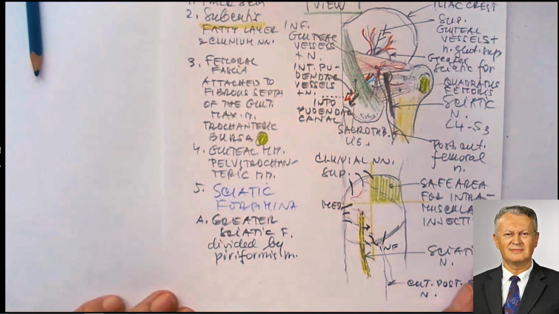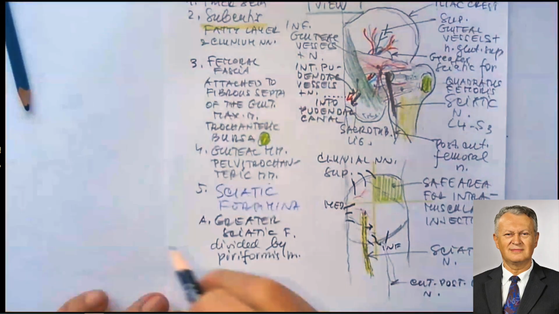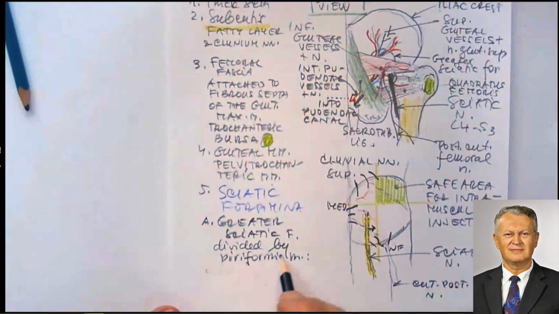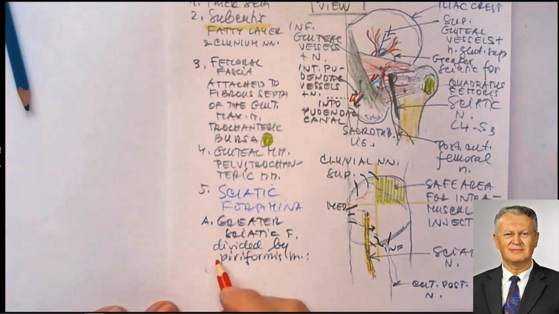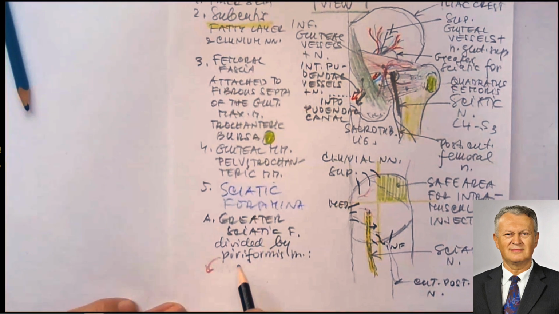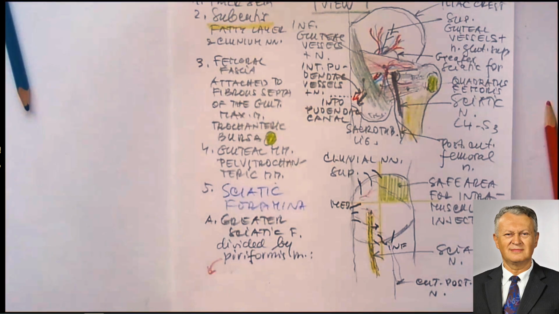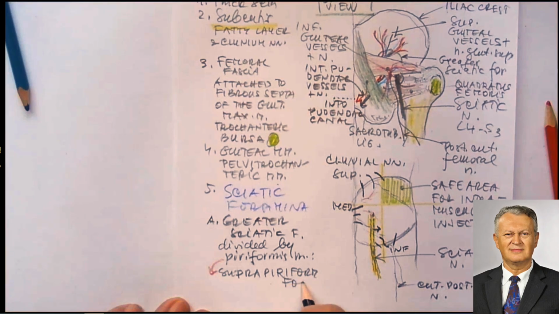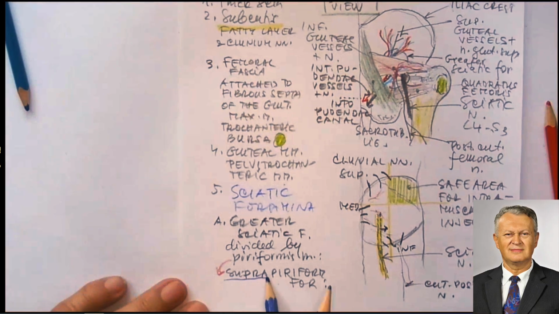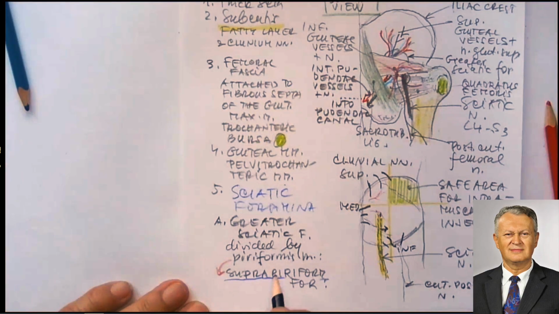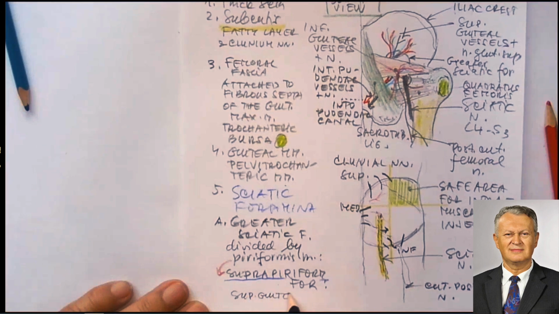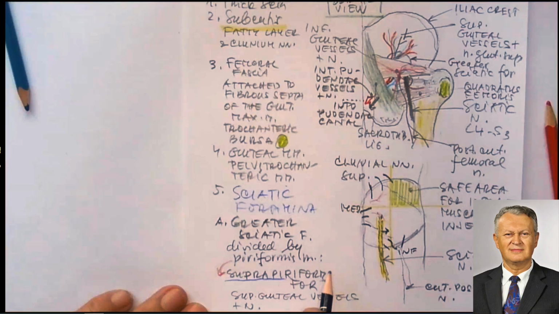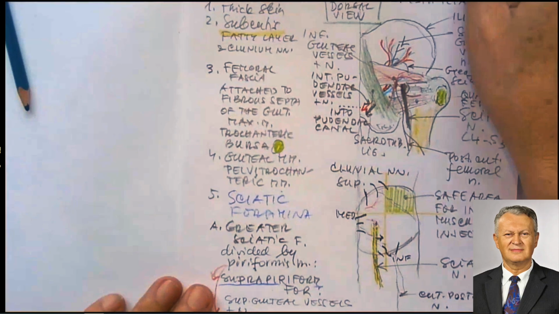We could say the suprapiriform foramen, divided by the musculus piriformis, the first would be the suprapiriform foramen, which contains the superior gluteal vessels plus nerve. That's it.